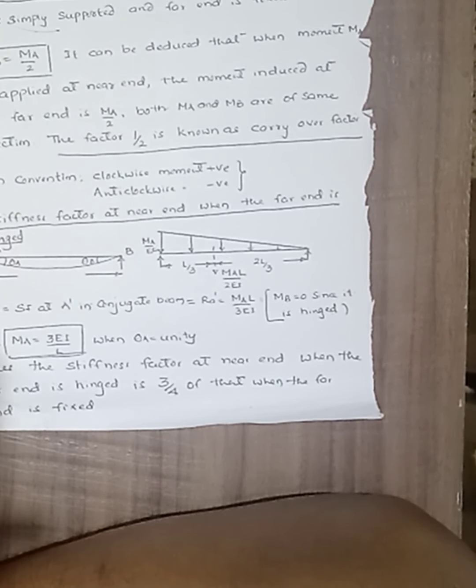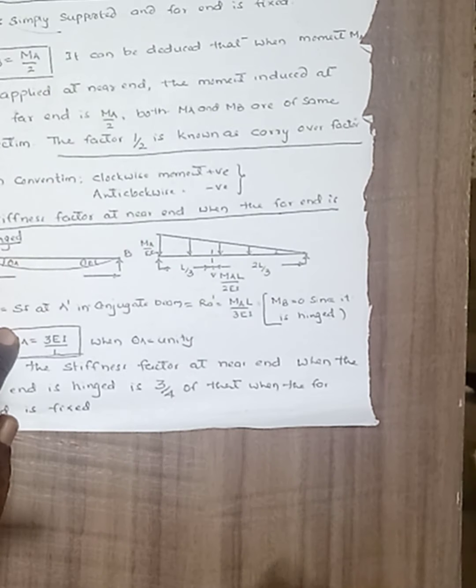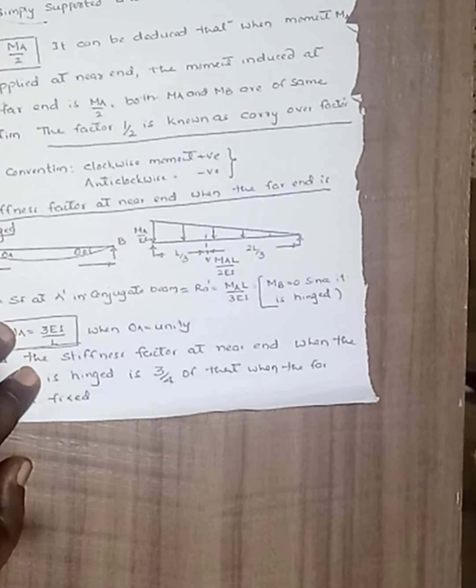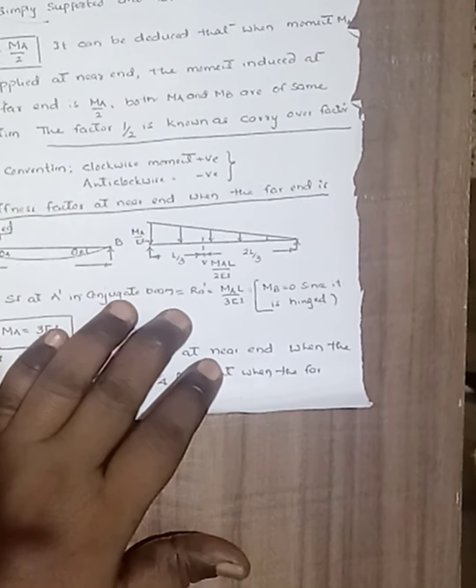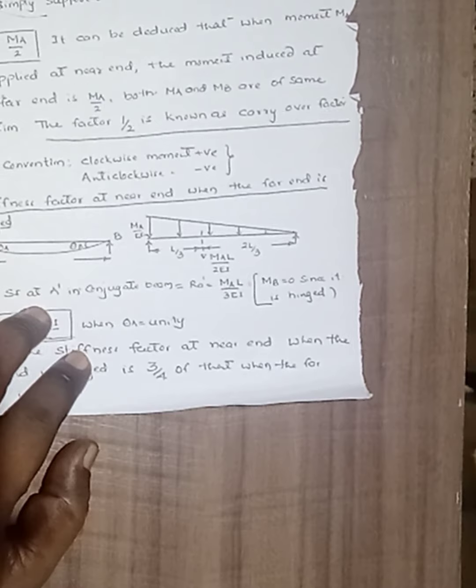Then the stiffness factor at the near end when the far end is hinged. In this figure, the far end B is hinged, and using the same procedure we can calculate theta A, that is theta A is the shear force at A dash in the conjugate beam, RA dash, with left upward positive.